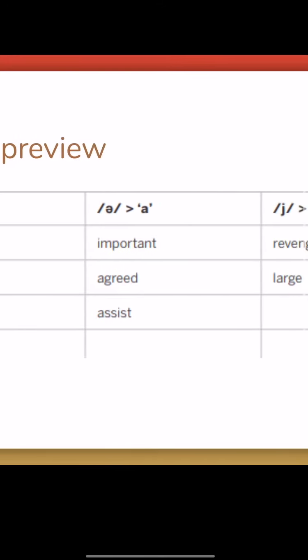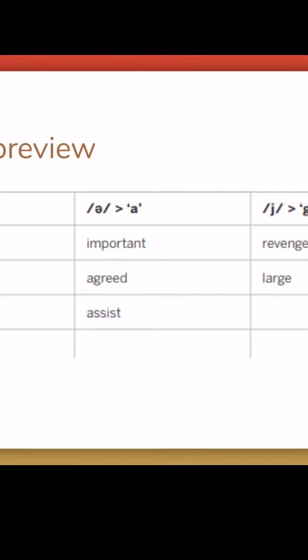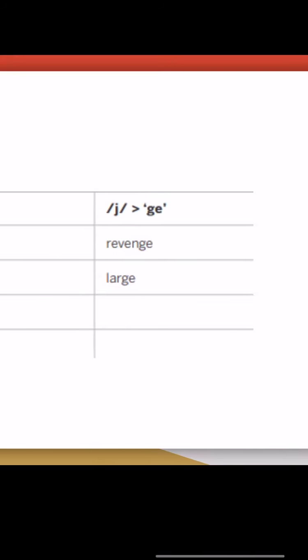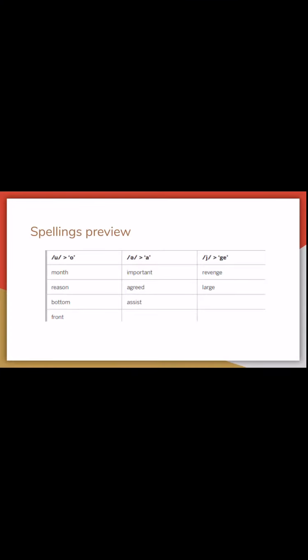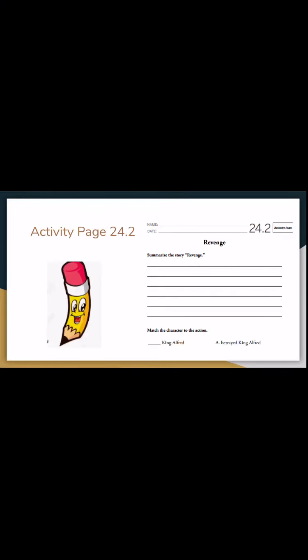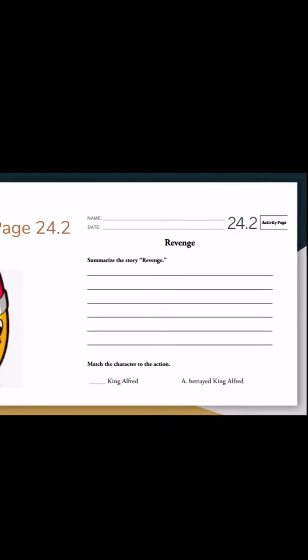In our next column, we have A being lazy, making that schwa sound, the uh sound: important, agreed, and assist. In our next column, we have GE making the J sound: revenge, large. Okay, great. Now that we went over our spelling previews, let's go on to the next slide.